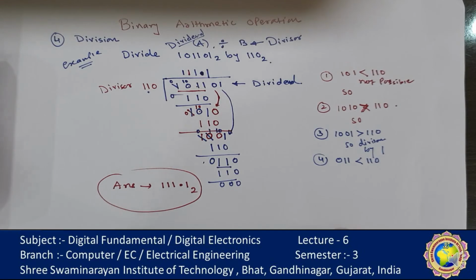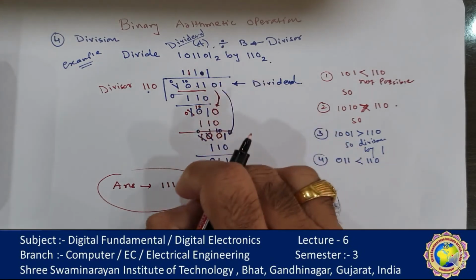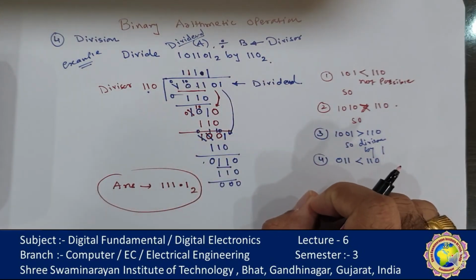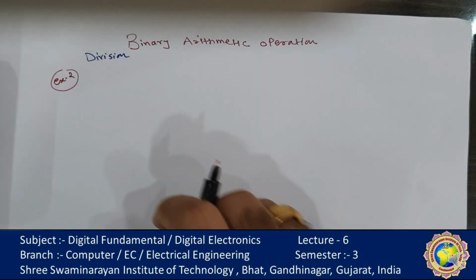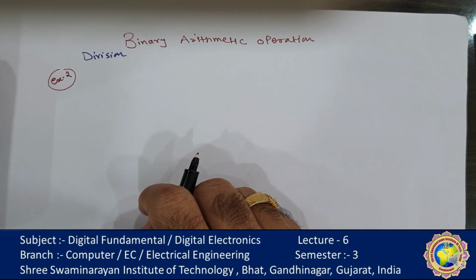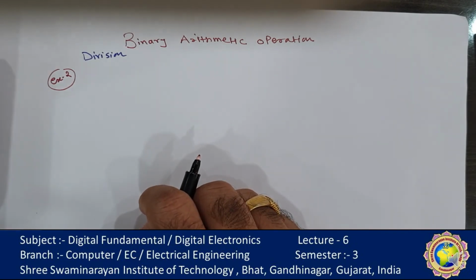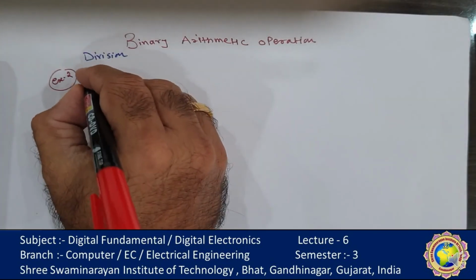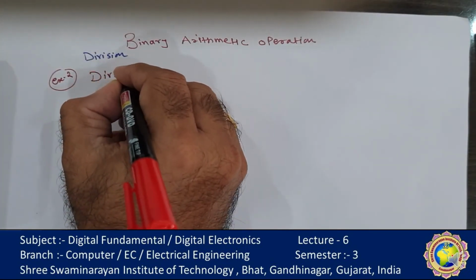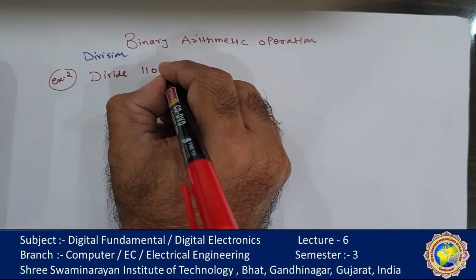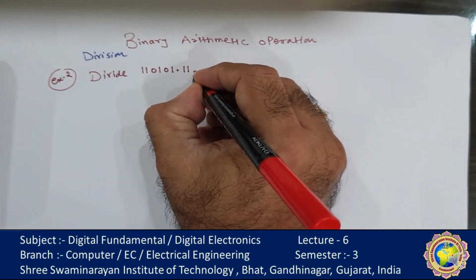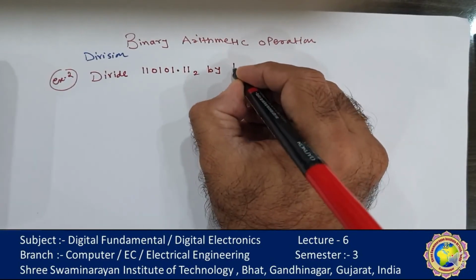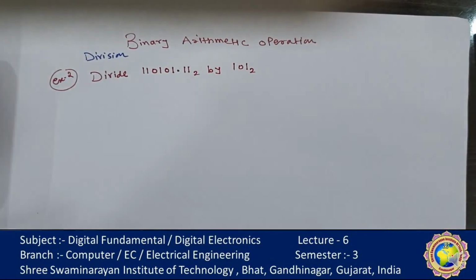I hope it's making sense because I explain every step by step in this example. Now let's take one example which contains the fraction point, so it will make sense how we can do it. Divide 110101.11 binary number by 101 binary number.